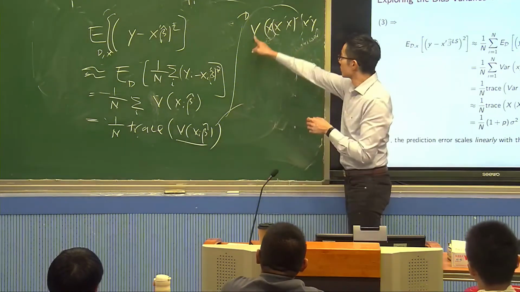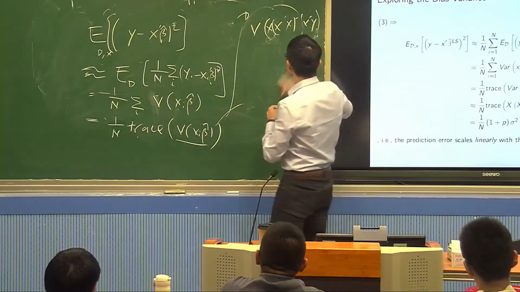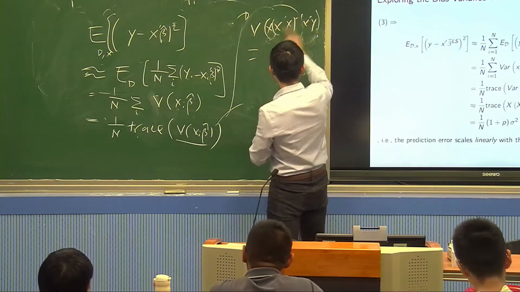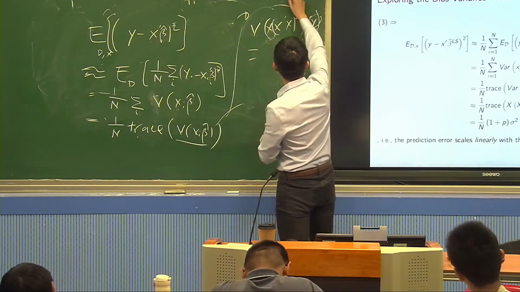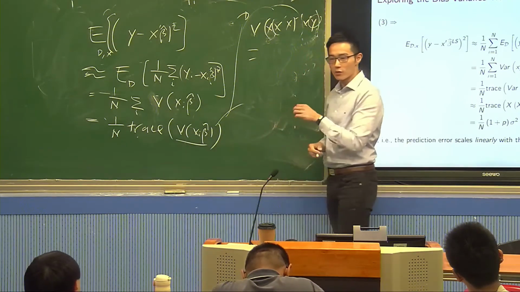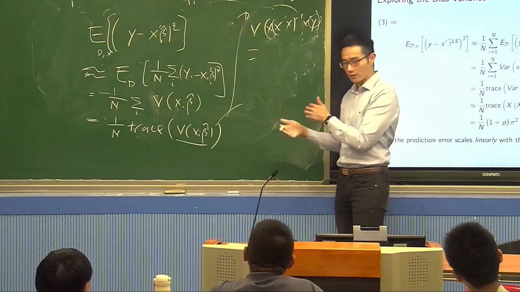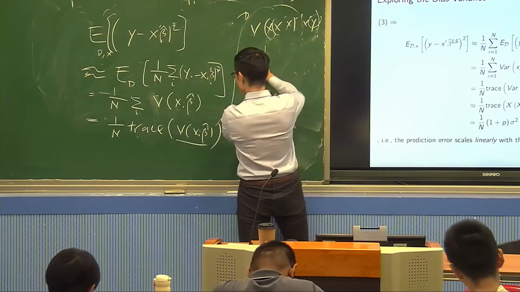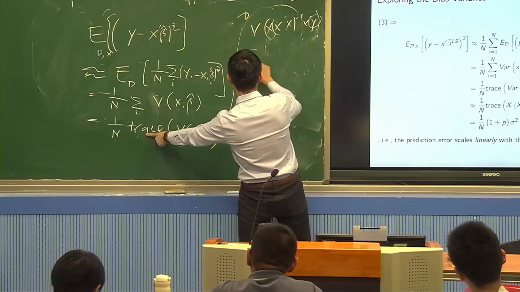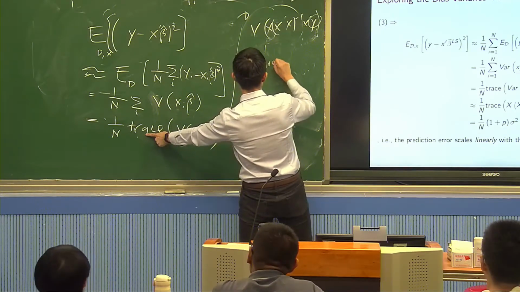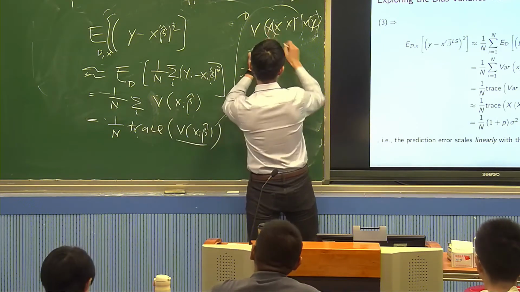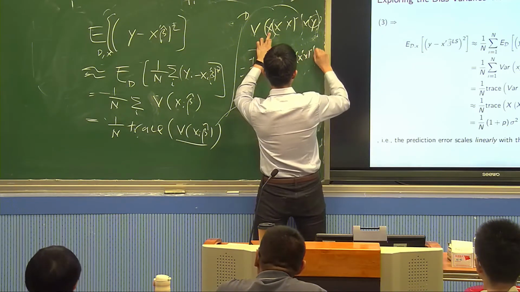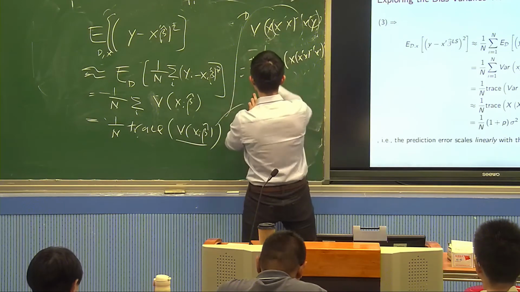Trust my math. Then we can take this out, and the variance of y will just be sigma square, because we assume homoscedasticity by the Gauss-Markov theorem. So we basically have 1 over n times the trace of this matrix, x (x prime x) inverse x prime, times sigma square.